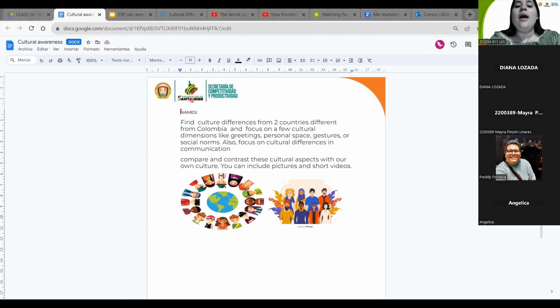Then we are going to compare and contrast these cultural aspects with our own Colombian culture. You can include pictures or short videos if you want to. You are open to do this activity as you desire.